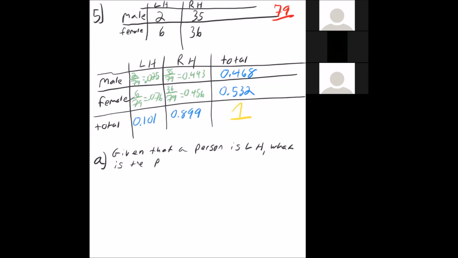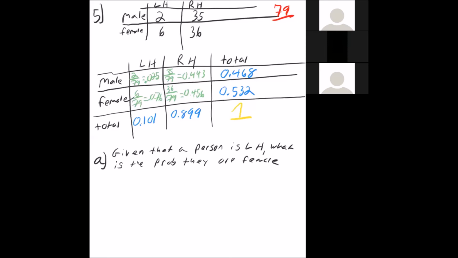Point what? 076? Yeah. That's going to be part of it. So you have part of that here. You just have to get the other part of this. So what is the probability they are female?